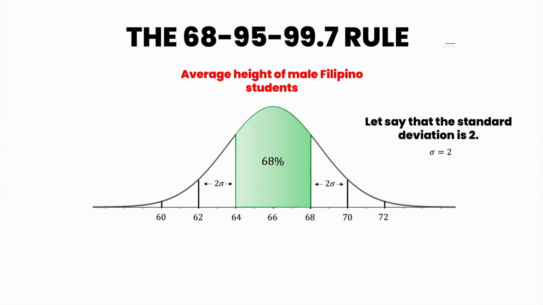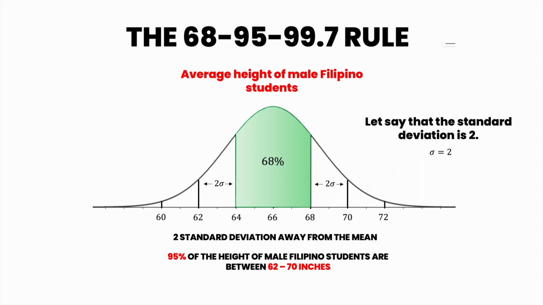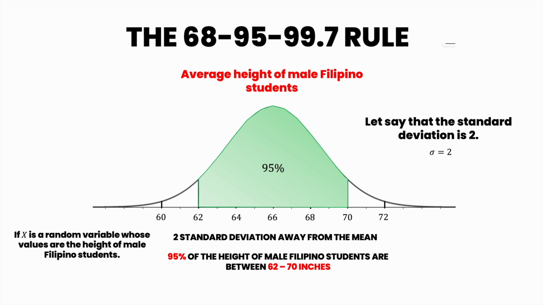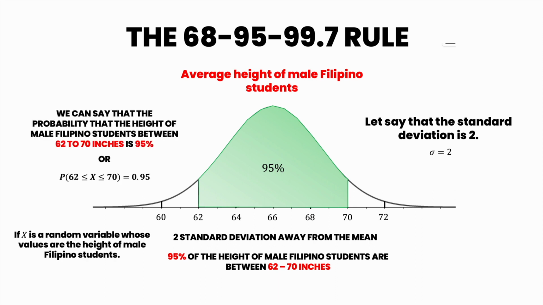Next, if we consider 2 standard deviations away from the mean, we have 95% of the heights of male Filipino students between 62 and 70 inches. Or we can rewrite this in a mathematical way, just like this.